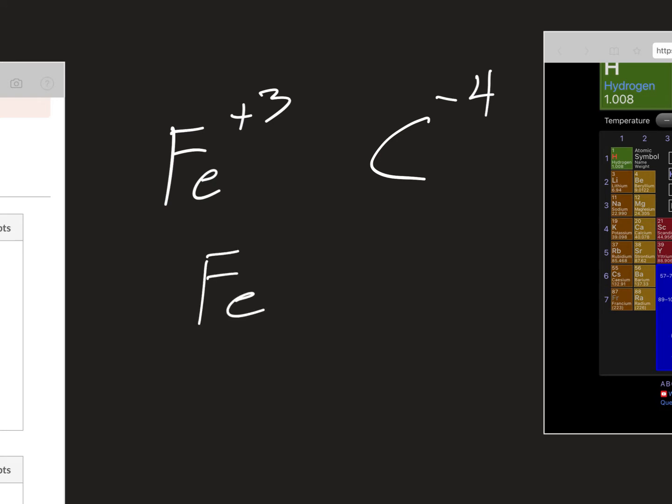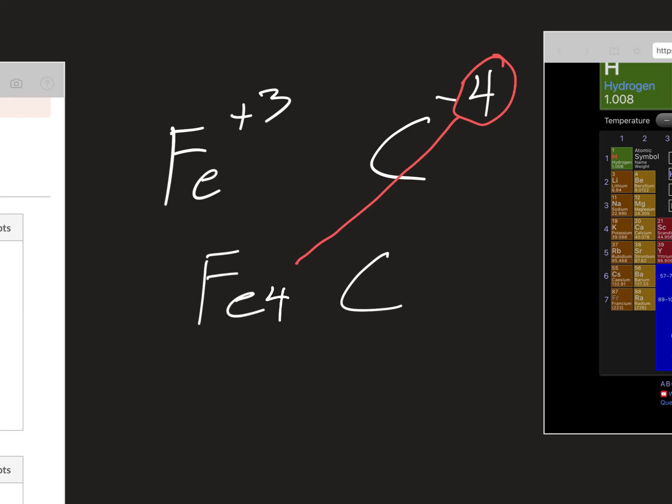So I'm going to rewrite my elements in the same order. Notice that I have the cation first, that is the positively charged one, and the negative one second. Now with that, I'm then going to take the charge for carbon, and I'm going to move it down here, but it's no longer going to have a charge with it. So it's just a number. So this is now Fe4, it's the subscript.